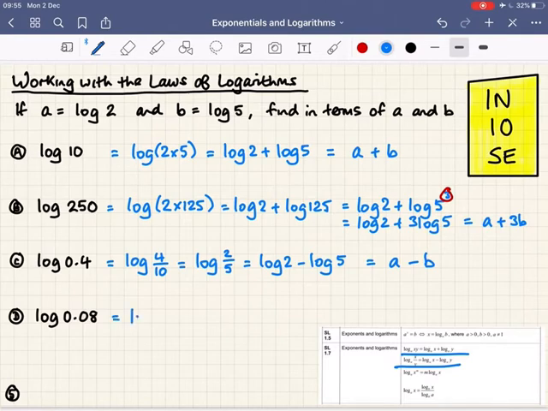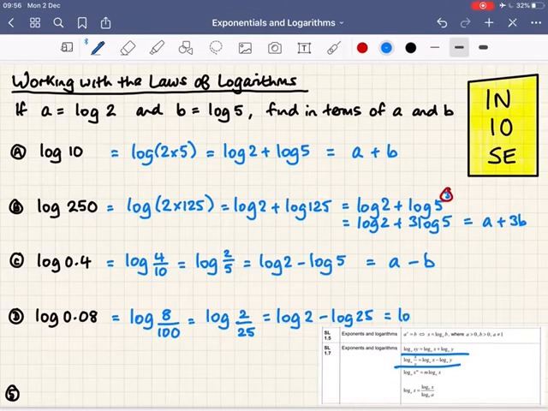And we'll do something similar with the final example here. Let's make that into a fraction. Log of 8 over 100. Well, can't see 2 and 5 immediately, but if I simplify that fraction, I'll get log of 2 over 25. So I've nearly got it. Log of 2 minus log of 25, using the second rule on that formula sheet. And log 25, of course, 25 is 5 squared.